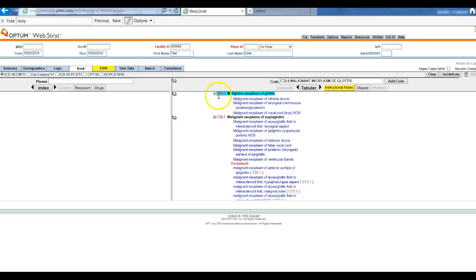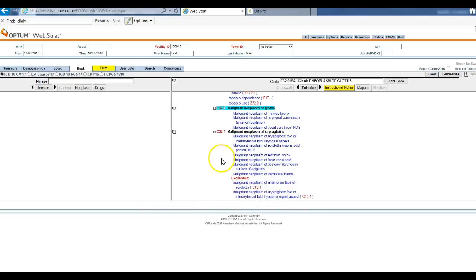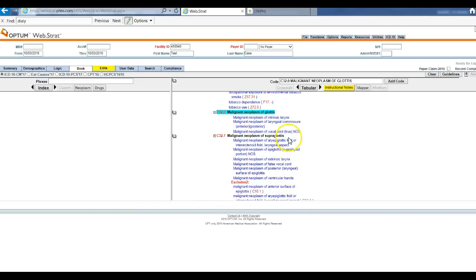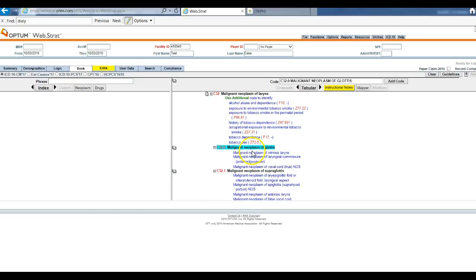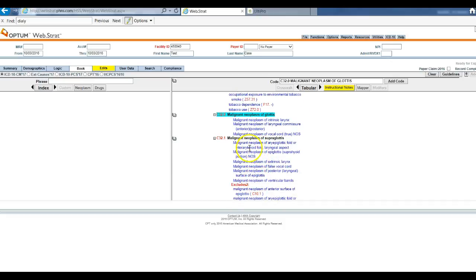So your 3-digit category has a lot of other codes underneath here, okay, that you want to pay attention to. And as you can see, it's giving C32 is for the larynx. This is talking about the glottis. This is talking about the supraglottis, and then it's telling you what's included in here, okay?